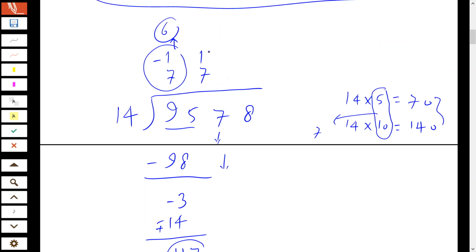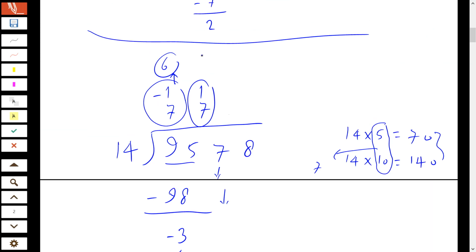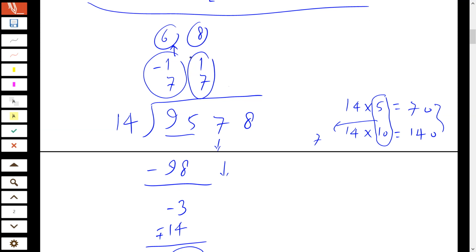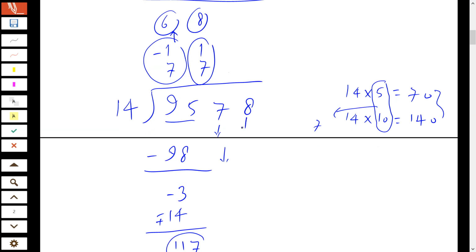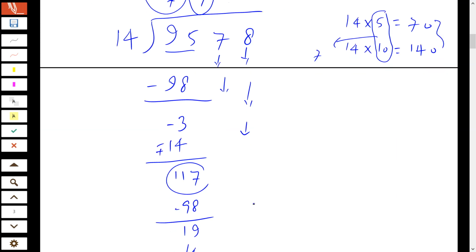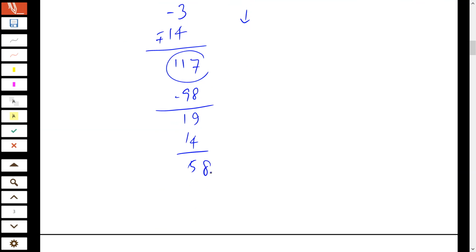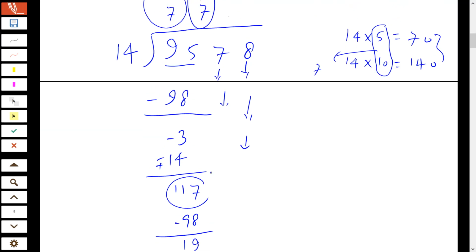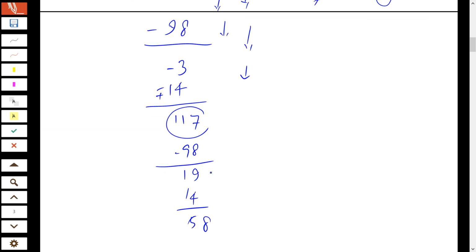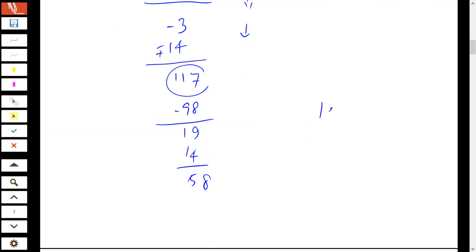So now I combine these two digits, 7 and 1, and I get 8. I got two digits correct. Now let's bring the 8 down all the way. 58. And remember, I need to divide it by 14. So again, I have 14 times 5 is 70.